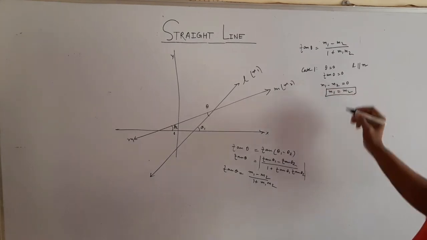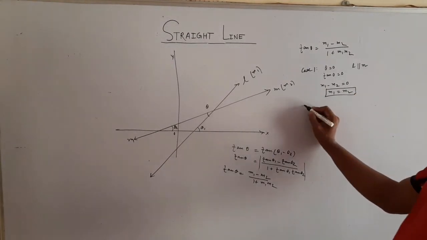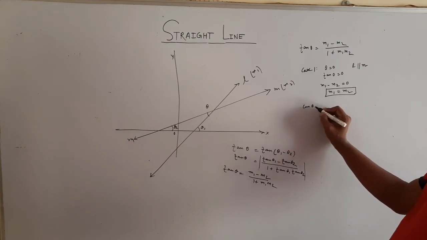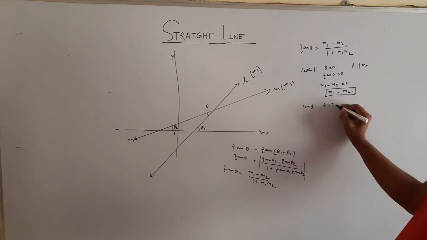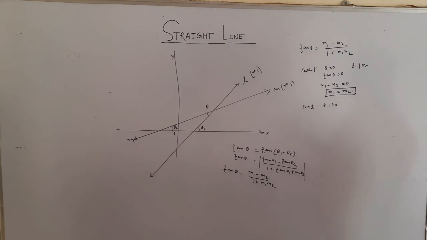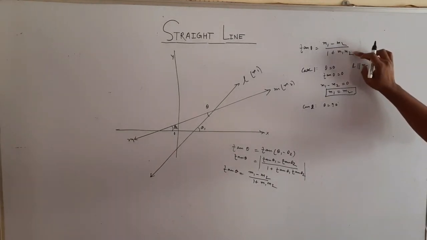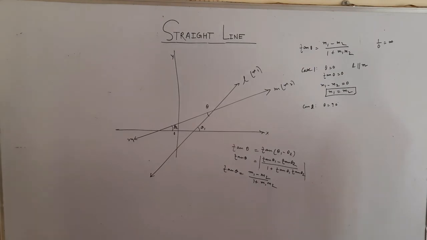So what is our idea? If two lines are parallel, then their slopes are equal. Now case 2, when the angle between them is 90 degrees, the lines are perpendicular to each other. In this condition, tan 90 becomes undefined. And what does undefined mean? Undefined means the denominator is 0 and the numerator is non-zero, because 1 by 0 is infinity.